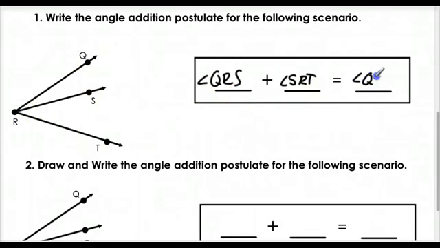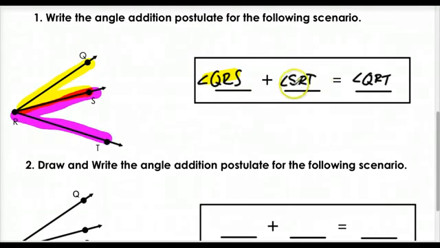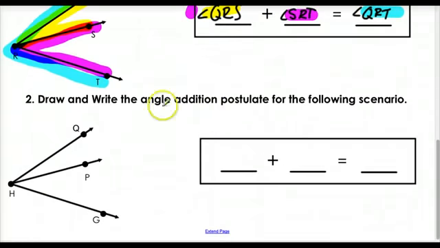Let's highlight it just because it helps to visualize. QRS, that's this guy, plus SRT, remember the vertex is always in the middle, equals our bigger angle, QRT. Ooh, it's like a rainbow. It's so pretty.